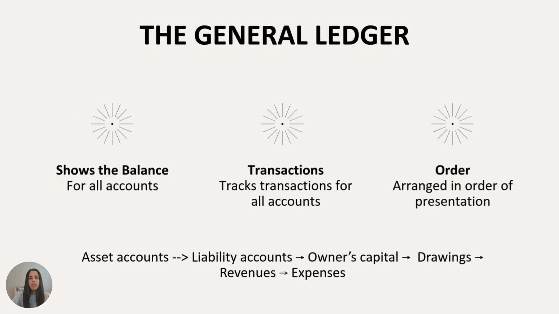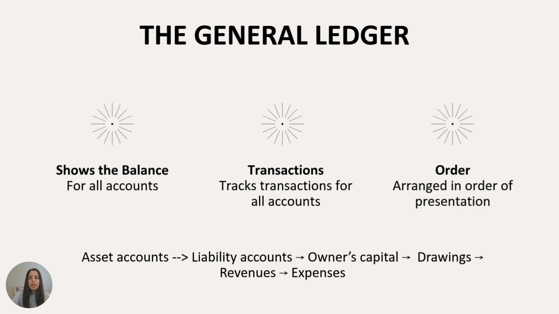So now let's talk about the general ledger. What is the general ledger? We had briefly shown you a T account. A T account can be considered an informal ledger and is going to be tracking the balance for each account. However, the general ledger is the actual formalized manner of tracking each account balance. It's going to show the balance for all the accounts.